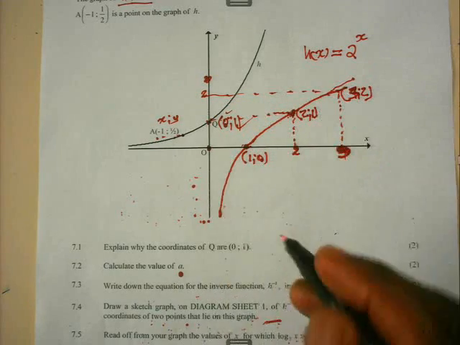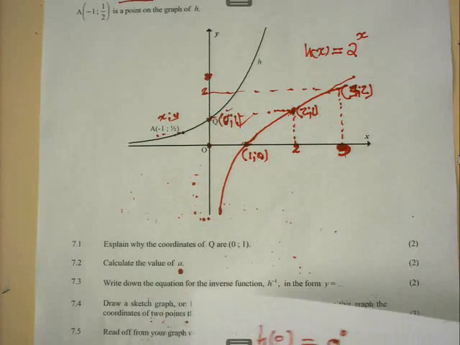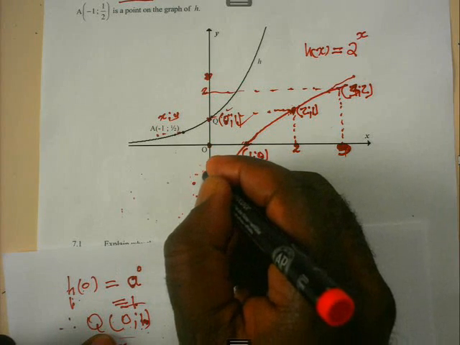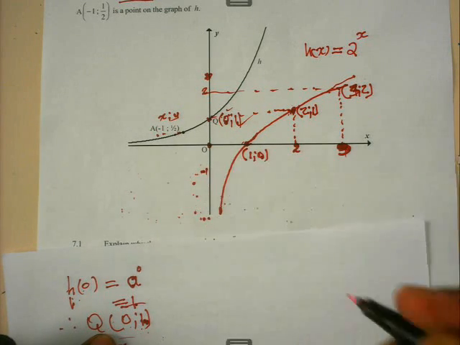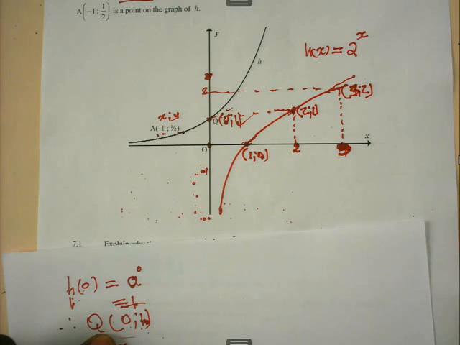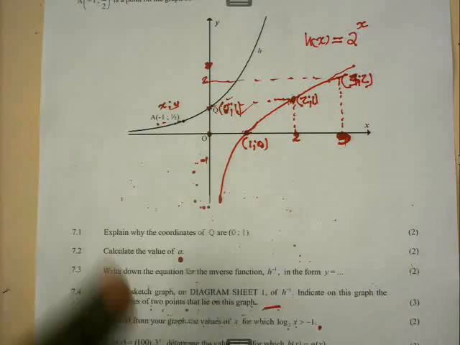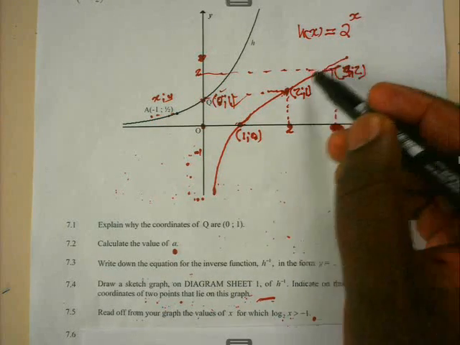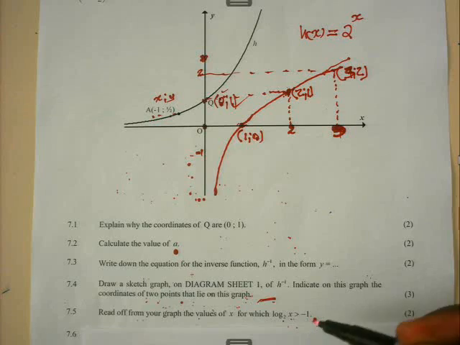However, if we come back and say we want to have negative 1 here, remember the question says, read off from your graph the values of x for which the log to base 2 of x, that is for this graph, will be greater than negative 1.